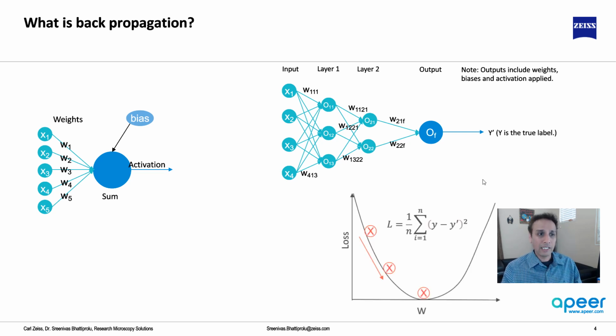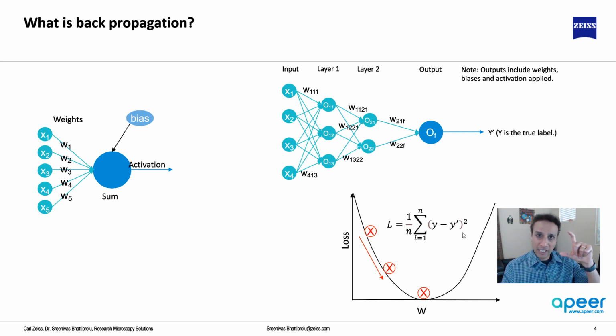Now let's actually look at the loss function. What is the loss function? If this is a regression problem, we would be using mean squared error as our loss function. In the last video about loss functions, we talked about it. It's easy to think in terms of mean squared error, so let's just stick to that for now. So what do we get out of this network? A prediction called Y prime. The error in this case is Y minus Y prime, my true value minus the predicted value.